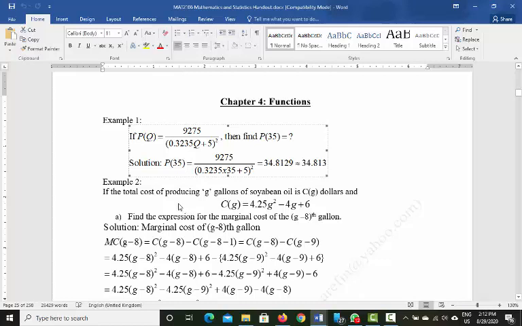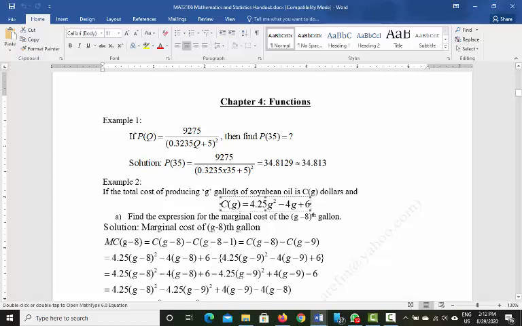So now we will move to the next question. Example 2. If the total cost of producing G gallons of soybean oil is C(G) dollars, then this is the total cost function, where G is the variable.